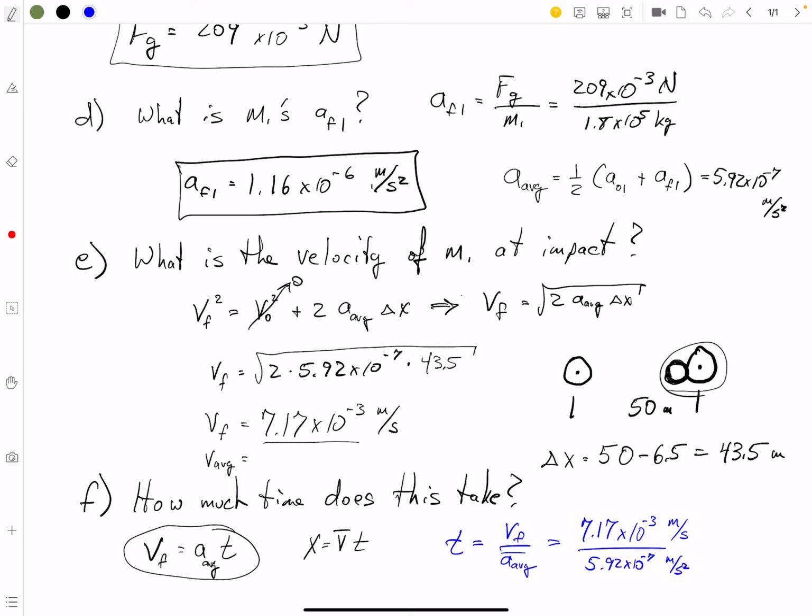And so obviously we're going to be left with seconds in the numerator is all we'll be left with. I think I have that number, 1.2 times 10 to the 4 seconds.